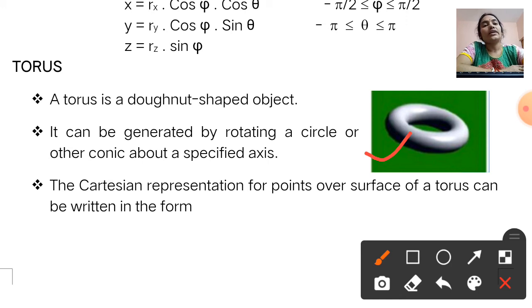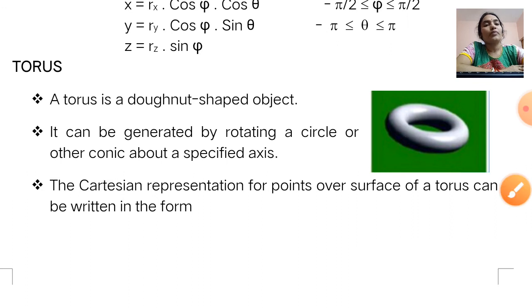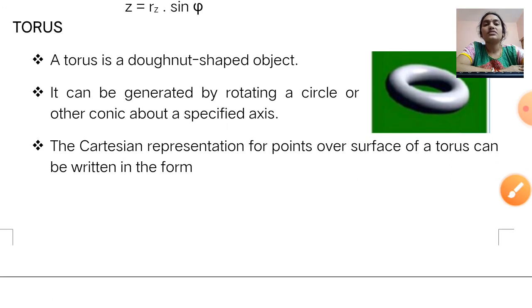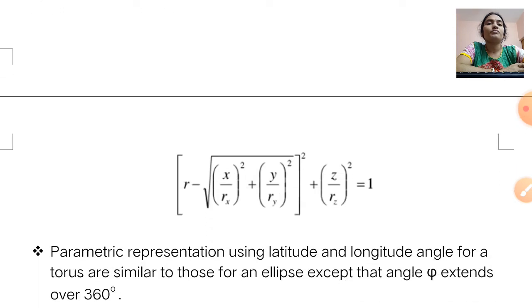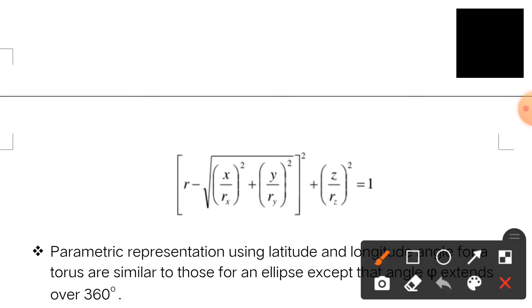The Cartesian representation for a point over the surface of a torus can be written in the form of: r minus the square root of (x by rx) whole squared plus (y by ry) whole squared, the whole squared, plus (z by rz) whole squared equals 1.